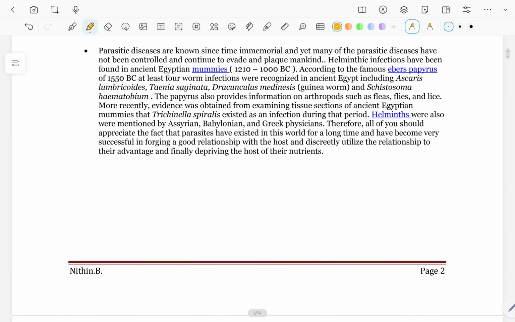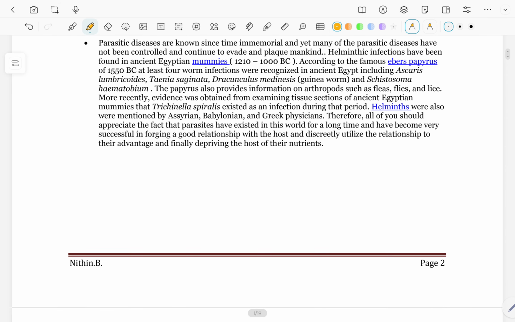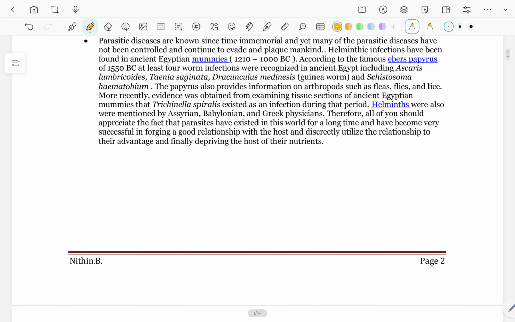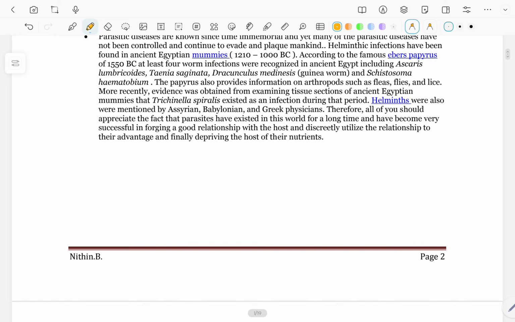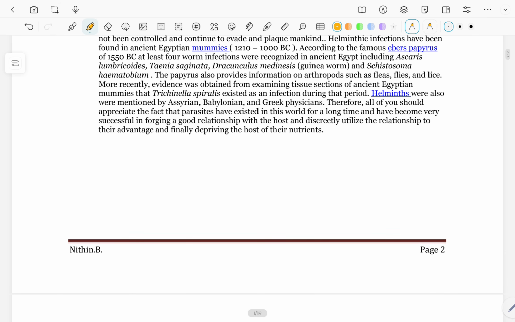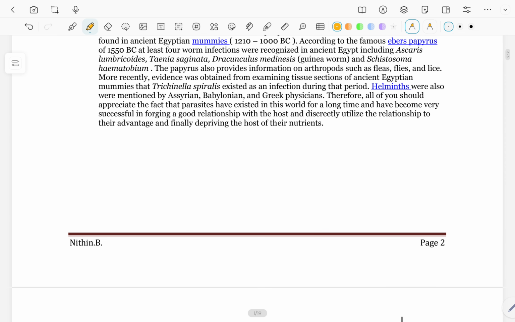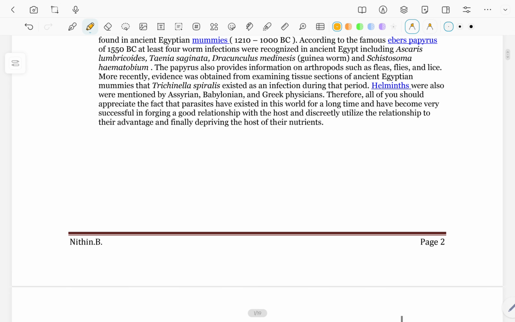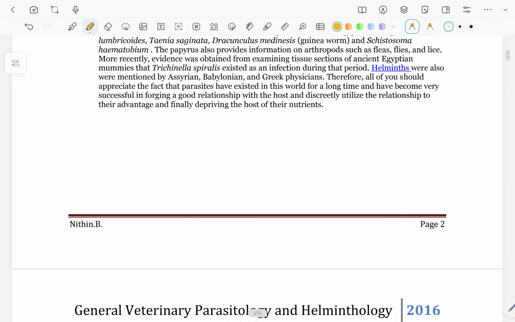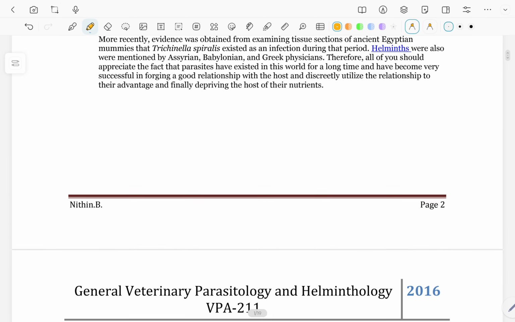Therefore, all of you should appreciate the fact that parasites have existed in this world for a long time and have become very successful in forming a good relationship with the host and discreetly utilize the relationship to their advantage and finally depriving the host of their nutrients.